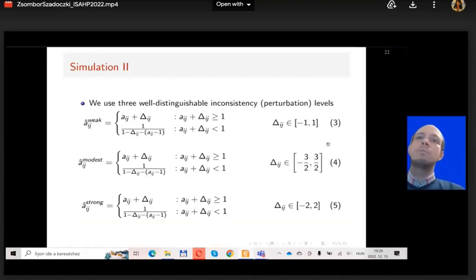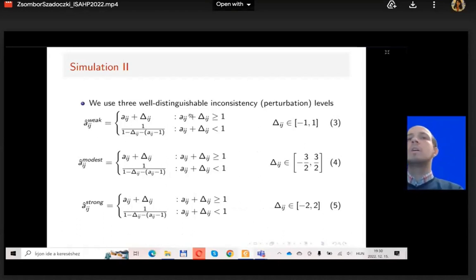And as I've said, we generated consistent pairwise comparison matrices, and we basically added some uniformly distributed errors to them. So these are the different levels of inconsistency or perturbation.